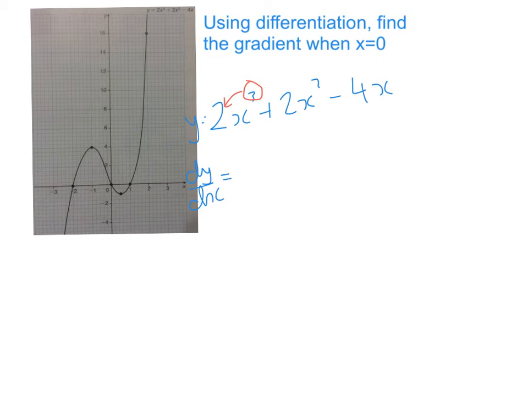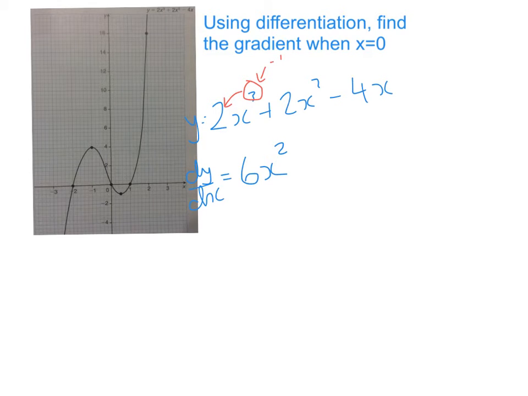So here I'm going to do 3 times 2 is 6. Leave the x as an x, and going back to the index again, we take away 1. So that's going to be 6x to the power 2, 6x squared.